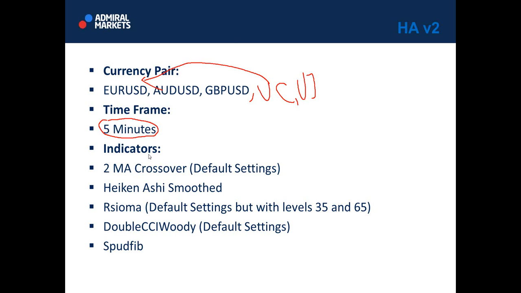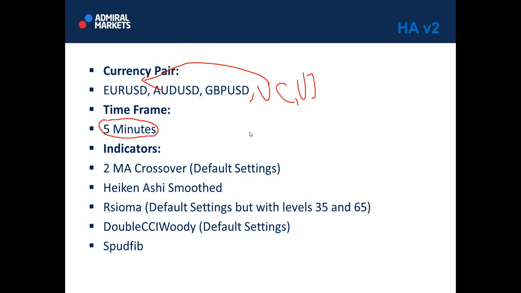So the indicators which we use here are a 2 MA crossover on default settings. So it's a 2 moving average crossover. As we said in the previous slides and in the previous webinar, all of those Heiken Ashi indicators are usually coupled with moving averages.